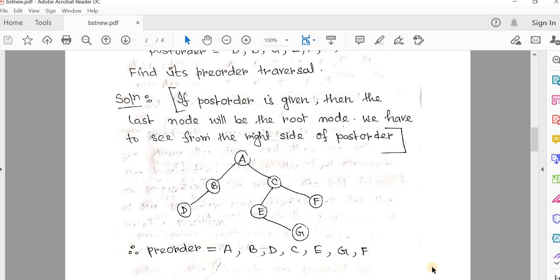So these kinds of questions may come in your final exam, so you have to observe this kind of questions very carefully. Okay, that's all for today. Thank you.